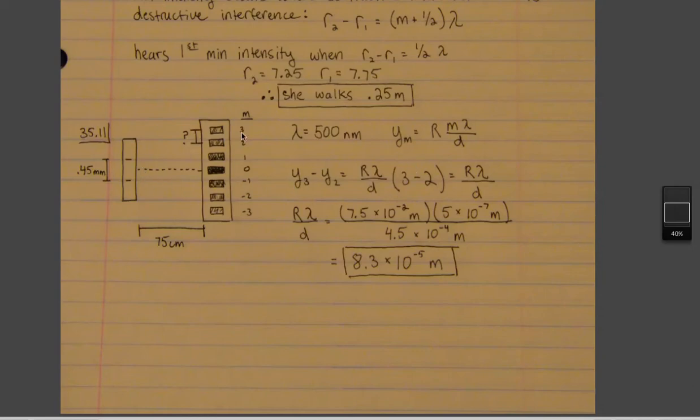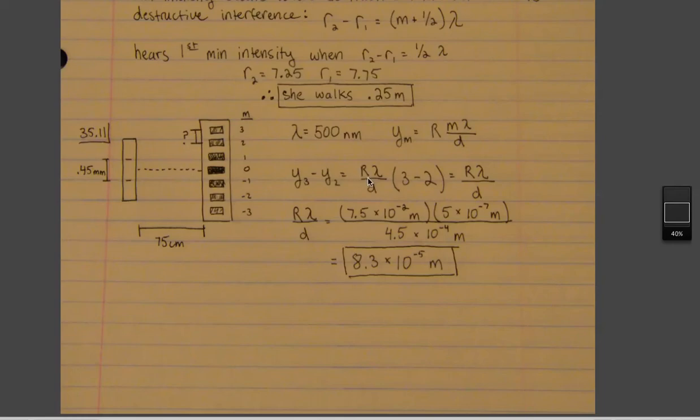If we want to find the distance between the third band and the second band, we do y3 minus y2, y3 being this total distance, y2 being this shorter total distance, and the difference between them gives us the distance we're looking for.